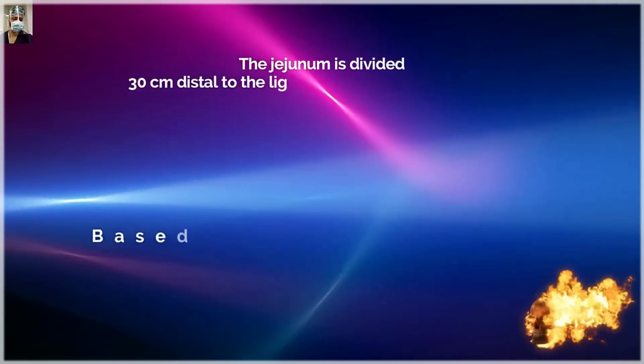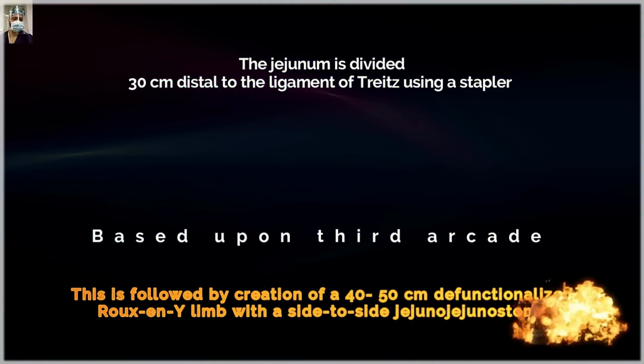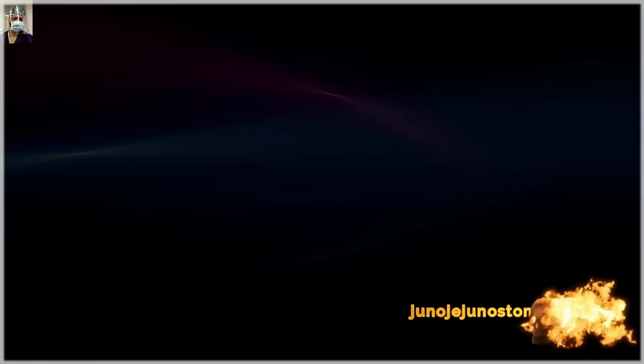For Roux-en-Y reconstruction, the jejunum is divided 30 cm distal to the ligament of Treitz using a linear stapler that can be double or triple row, based on the third arcade. This is followed by creation of a 40 to 50 cm, or maybe up to 60 cm, defunctionalized Roux-en-Y limb with side-to-side jejunojejunostomy.